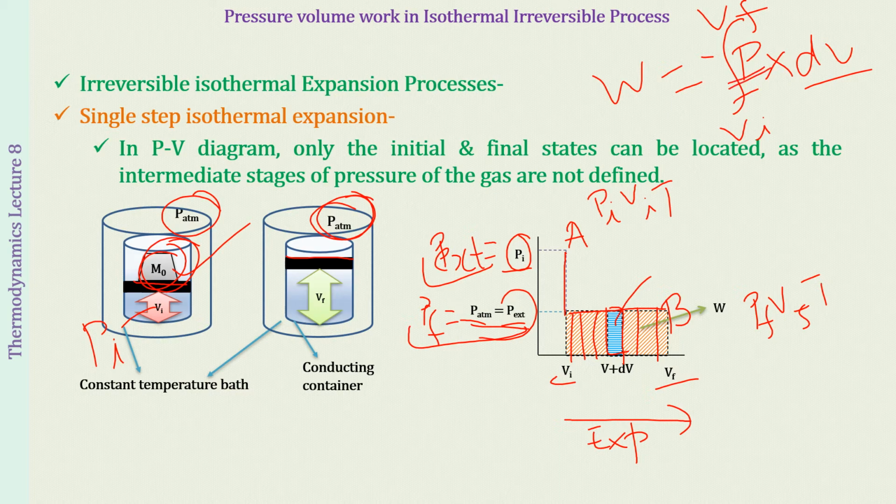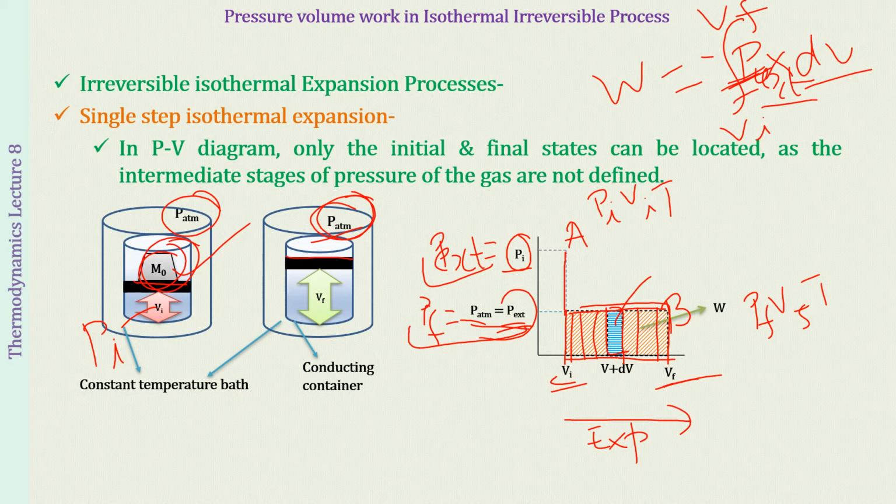So this P external, this is P external only, right? In this case, this is P atmosphere, and this is also the pressure of the gas. So these things should be very clear to you. And from the PV diagram, P external into this change in volume from Vi to Vf is going to be the area under the PV diagram. This gives us work for the irreversible isothermal expansion process, right?